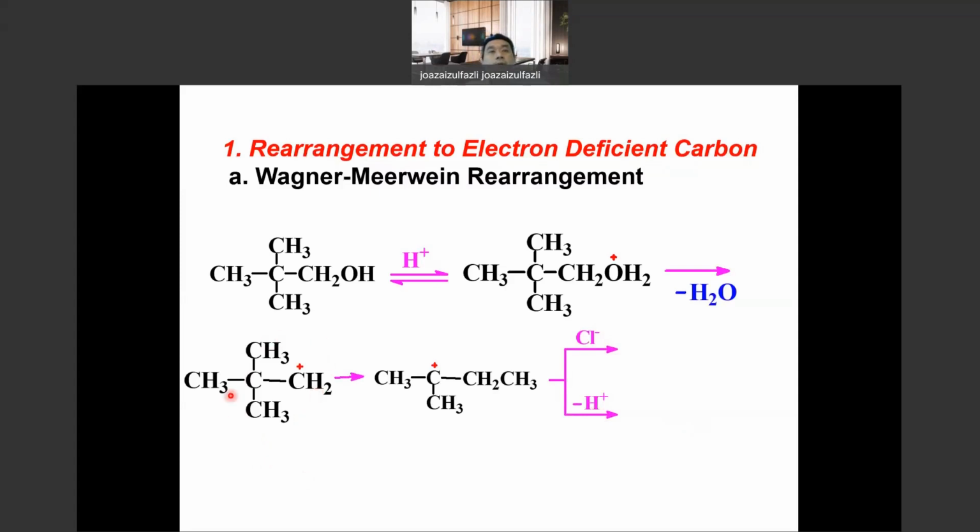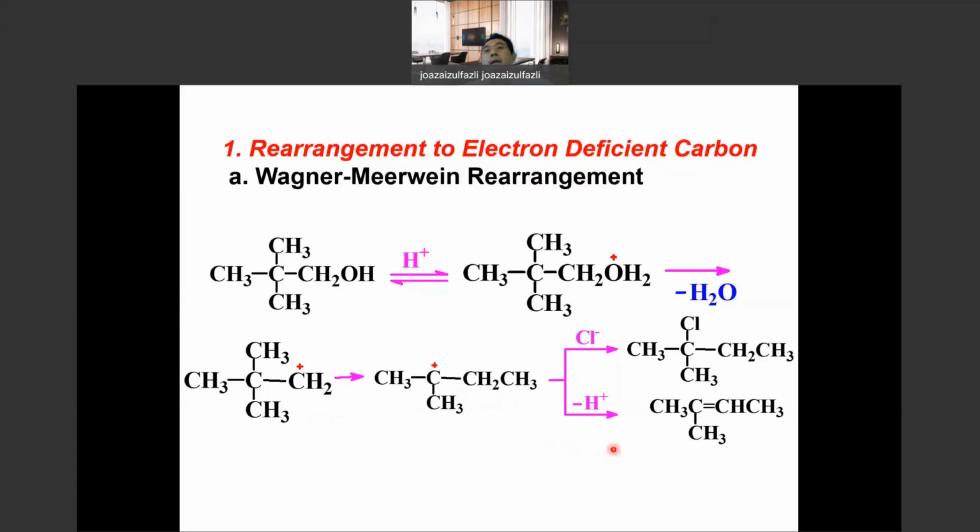For example, in this case, this is a primary carbocation that rearranges, involving the migration of a methyl group to form a tertiary carbocation. Then you can form either a substitution or elimination product. If substitution, you form alkyl halide. If elimination, we form alkenes.